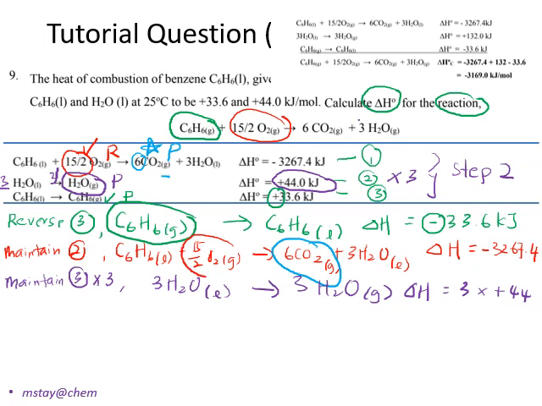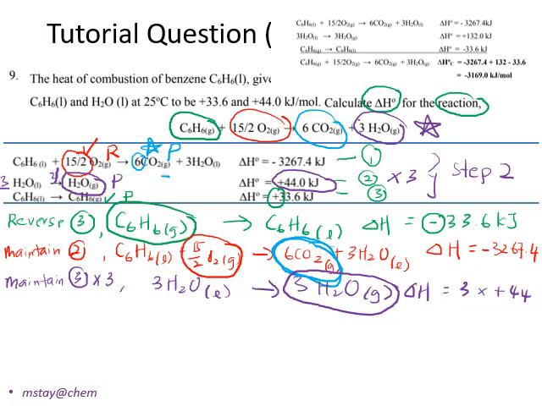And then we need 6 mole of carbon dioxide gas as the product. And then next one, we need 3 mole of H2O gas as the product. So those needed in the chemical equation that we want to calculate the enthalpy change are already circled.